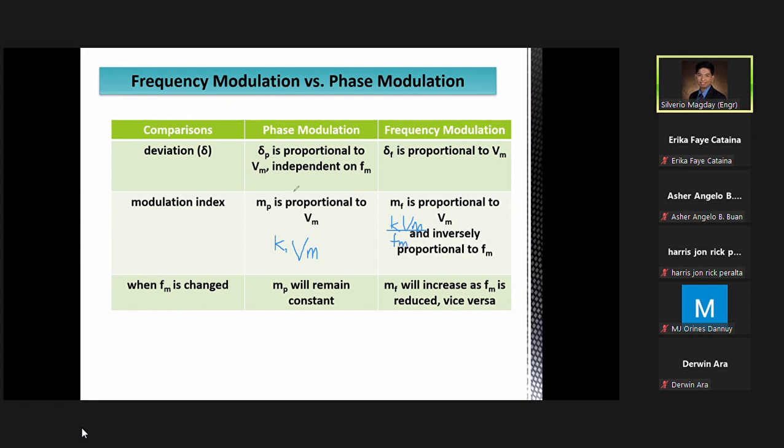Pag sa max frequency deviation, so ito, proportional to your VM, independent on FM. So K1, VM, FM. Proportional naman yung sa VM. So it is K2, K, and then your VM. There.